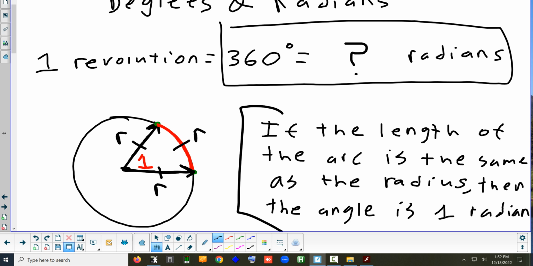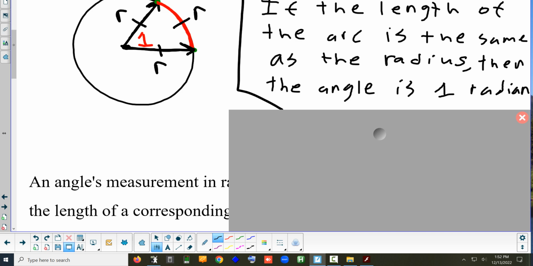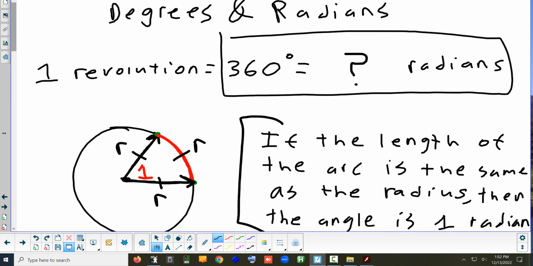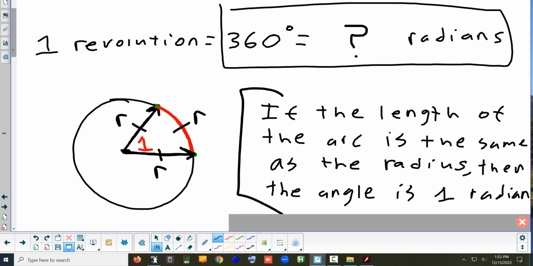So this is good if you're a visual person. It kind of tells you what a radian could look like as a visual, but it still doesn't answer this question at all. It does not tell you how many degrees equal how many radians. Well, I can't really have you figure that out from scratch.